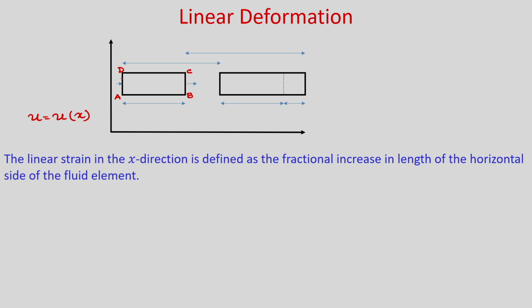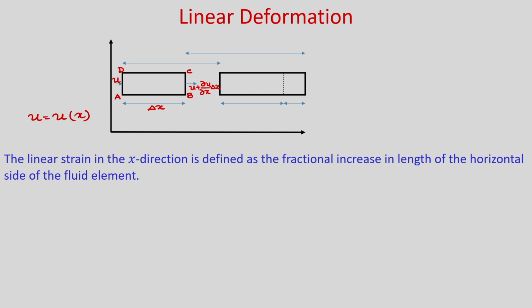So, obviously you can see that we have the velocity u here. If the distance is delta x, this fluid element in the x direction, then at this particular point using Taylor series you can say that velocity will be u plus del u by del x delta x, right. If you expand u at x plus delta x location, you will get u plus del u by del x delta x.